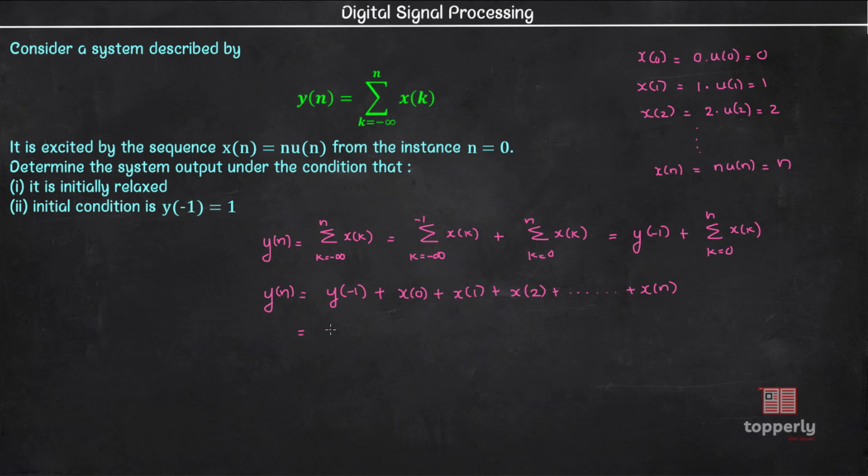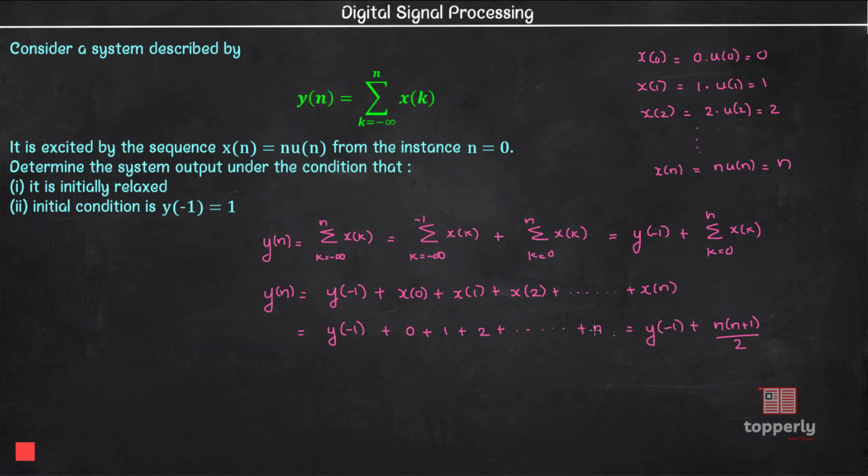Therefore, this is equal to y of minus 1 plus 0 plus 1 plus 2 plus etc. plus n, which is equal to y of minus 1 plus n into n plus 1 by 2. If you are wondering how this expression came, it is the expression for the sum of natural numbers up to n.